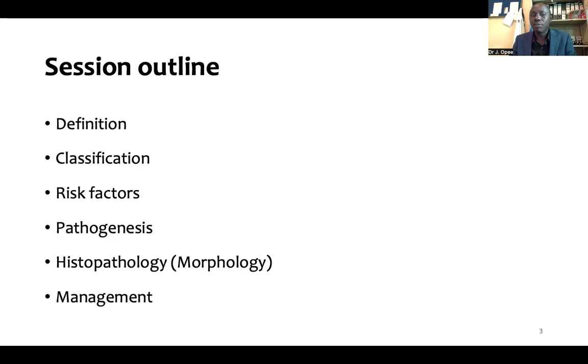And to some of you who might be interested to dive deeper into pathology during your master's, you will be faced a lot with what we call histopathology or histopathological investigation that you need to know. So morphology comes in handy. Then, last but not least, management and possible prognosis or follow-up. Very, very key for our discussion today.